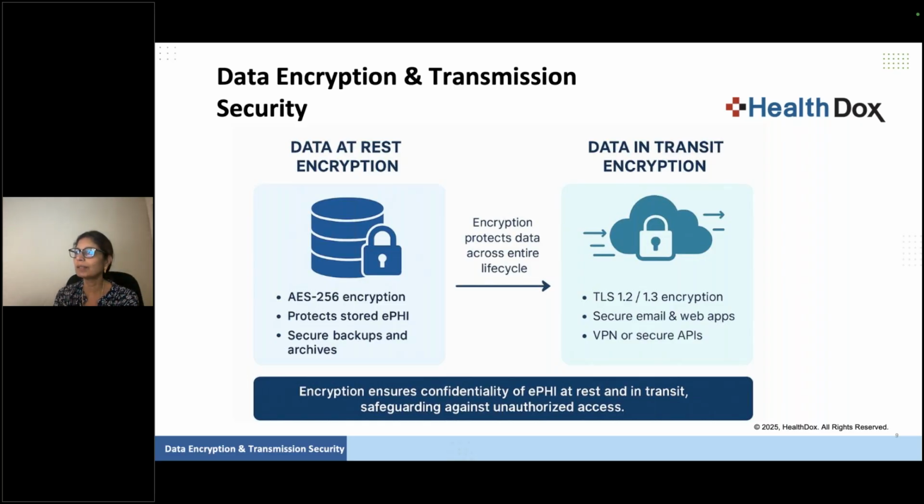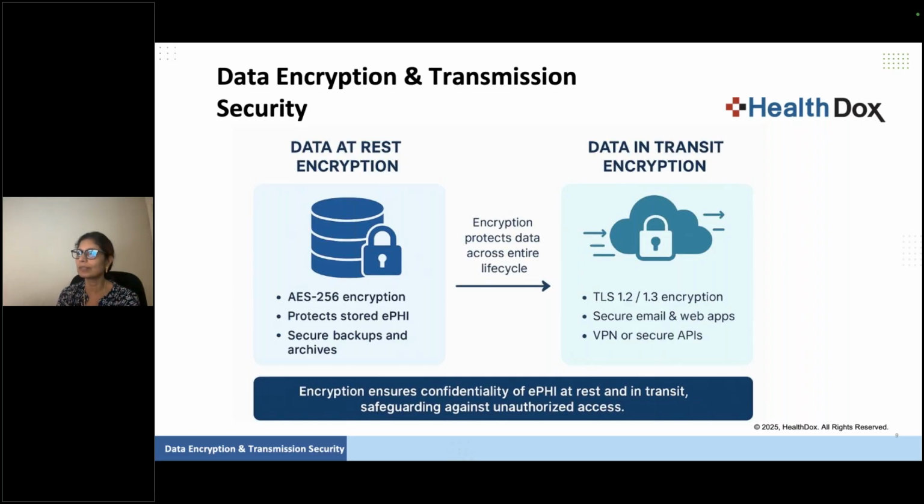Think of it like sealing information in a lockbox. Only those with the right key can open it. Without encryption, sensitive health information can be exposed in plain text. Transmission security goes beyond just encryption.